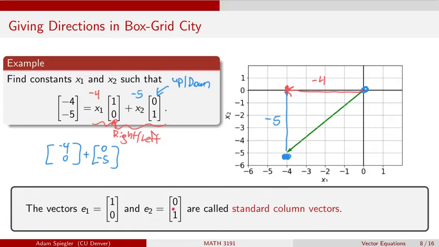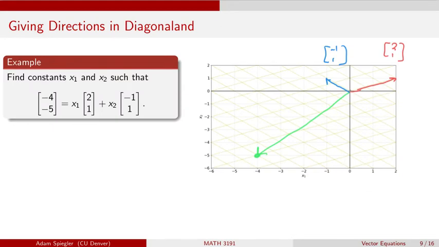E2 denotes a column vector whose first entry is 0, but second entry is equal to 1. And again, these are probably the nicest type of vectors to work with because this just divides up R2 into a very rectangular grid.